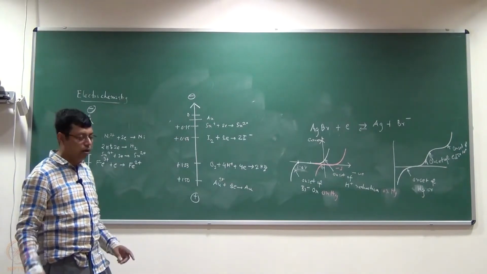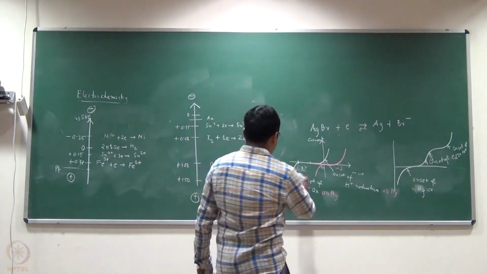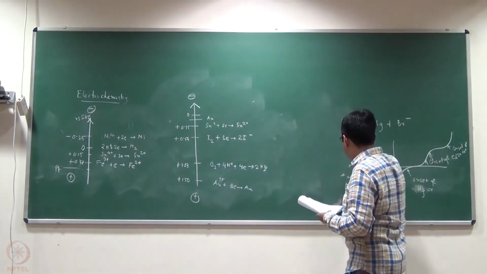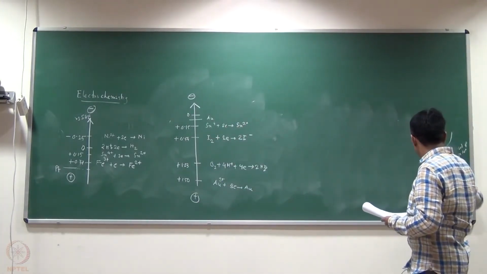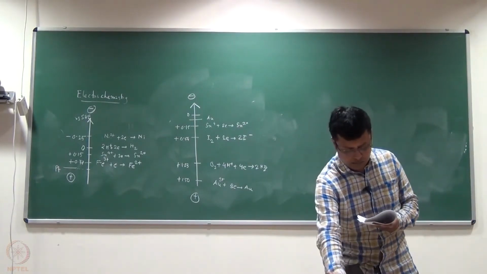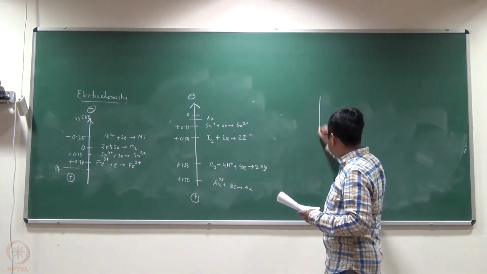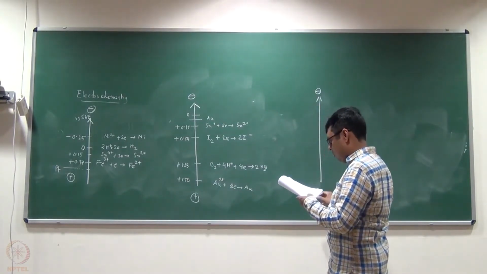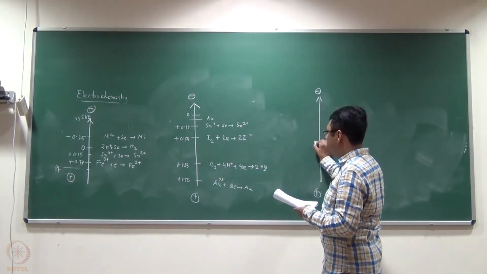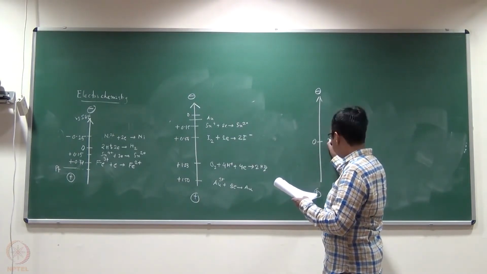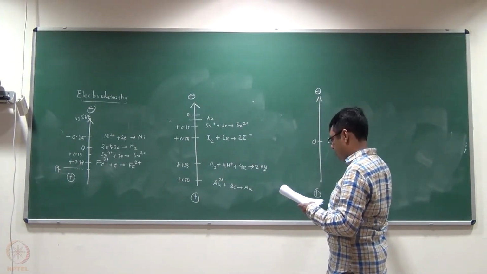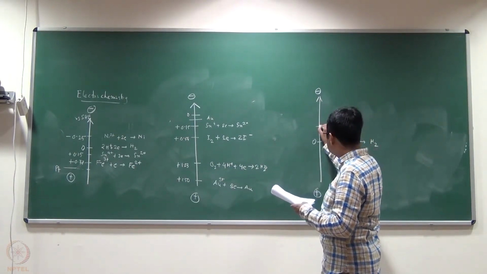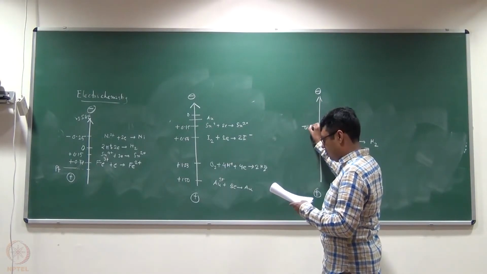Now, this again does not include the one possibility. This is 0, which is H+ plus 2 electrons giving H2, again with respect to the standard, is 0.41.